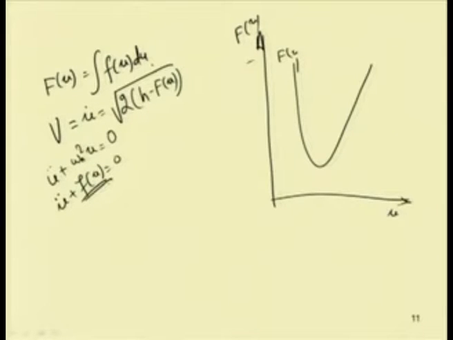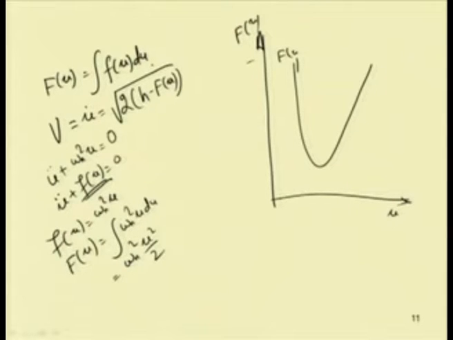In this case f u will be equal to omega n square u, and this capital F u will be the integration of omega n square u du, which becomes omega n square u square by 2. In this way one can find this F u. After getting this F u, one can substitute it in this equation of velocity u dot and find what will be the velocity for a given value of u.